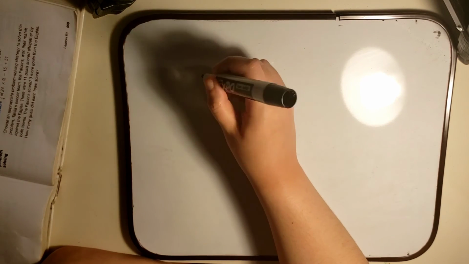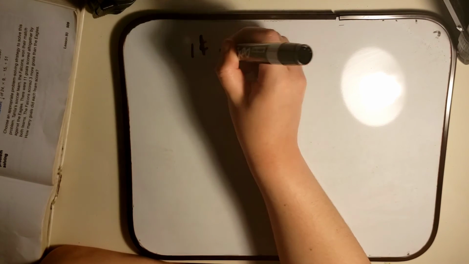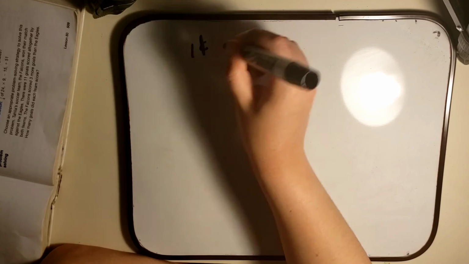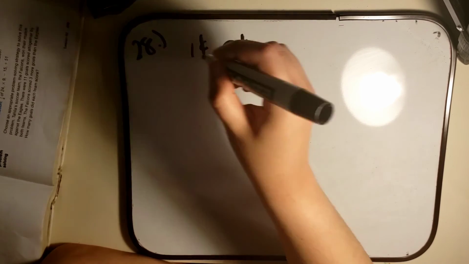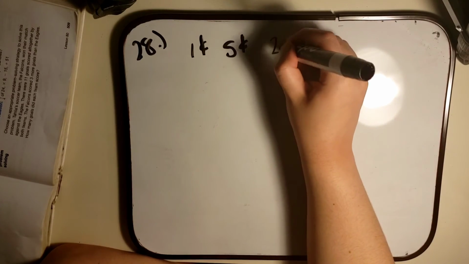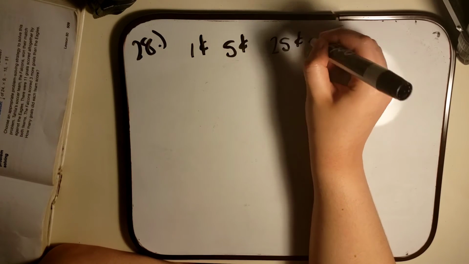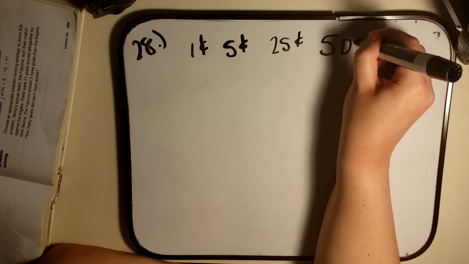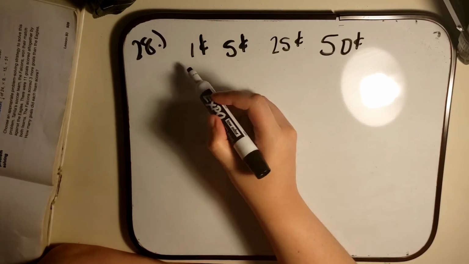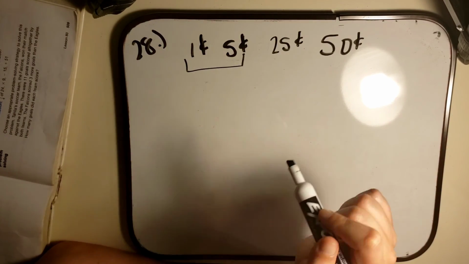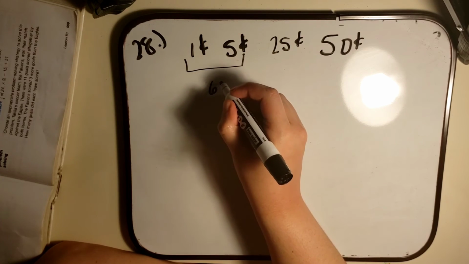So we have 1 penny, 1 nickel, 1 quarter, and a 50-cent piece.